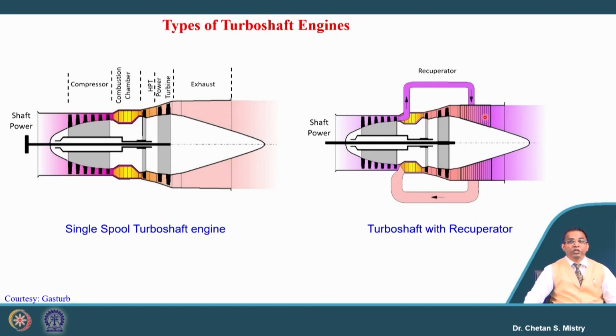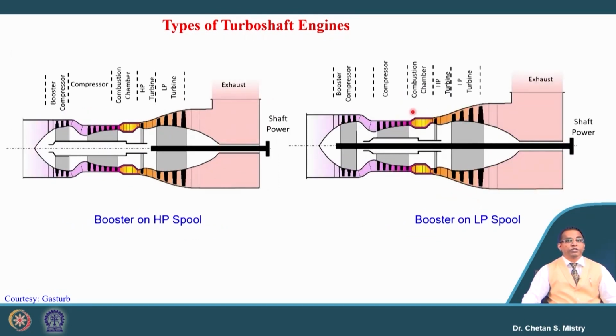The whole purpose is to reheat the air going inside the combustion chamber, and by doing so the fuel efficiency can be increased. If you recall, in the last lecture we discussed the application in military tanks, where the focus is on fuel economy, and people use this kind of configuration. Now, let us move towards the other possible configuration.